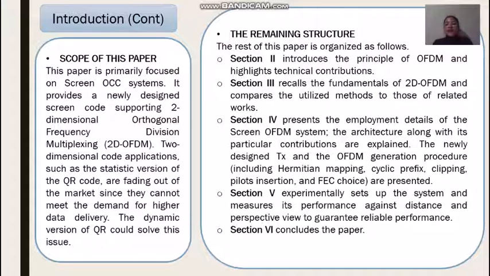Section 5 sets up the experiment and measures the system performance against distance and respective view. Section 6 concludes the paper.